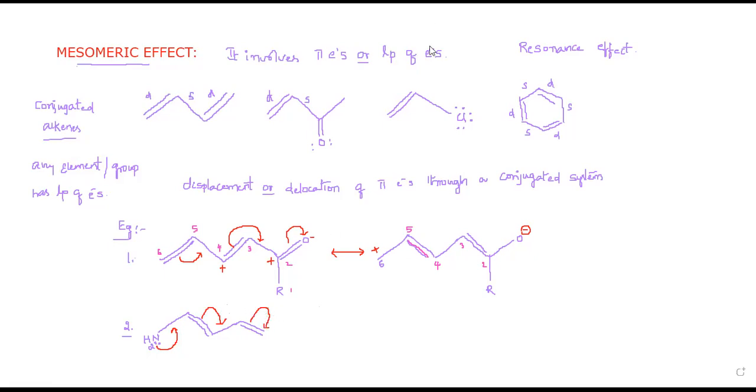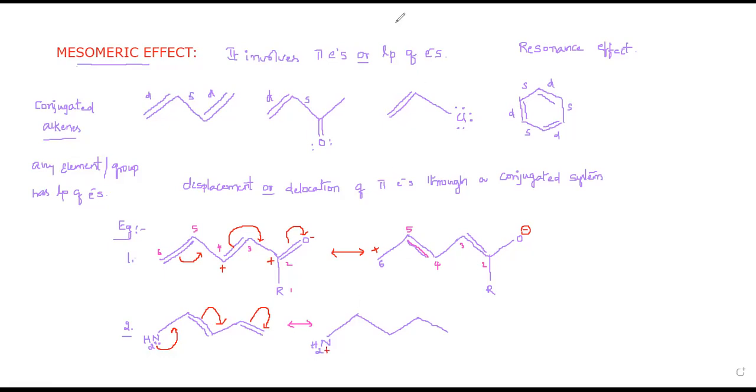Finally, we will get the resonating structure like this. Let me go with the same color representation. Single bond, single bond, single bond, single bond. And this nitrogen, as it has involved its lone pair of electrons in the conjugation or in the resonance, has given, so it gets a positive charge.